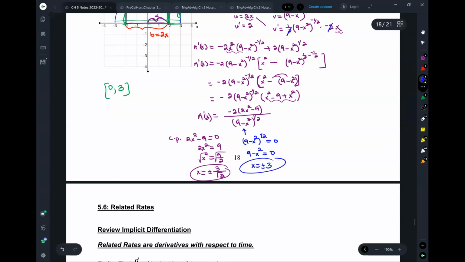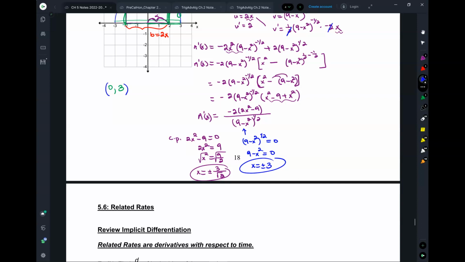Okay? So x is plus or minus 3. So that we're not going to use because it's the endpoints of the domain. One thing I should have mentioned is the domain is not including 0 or 3, because you can't have a length of 0 and it can't be 3 either because then there won't be any height to it.